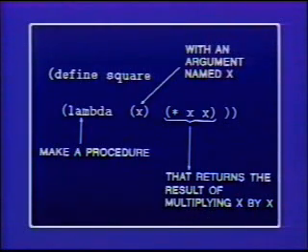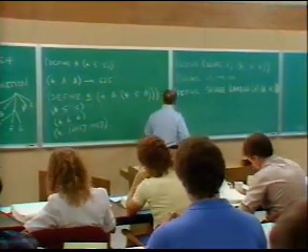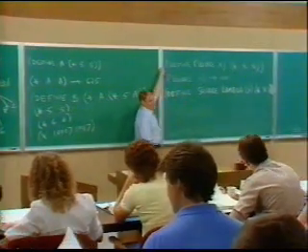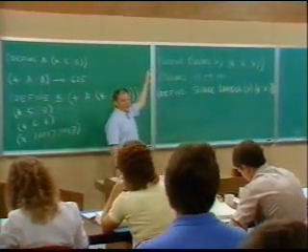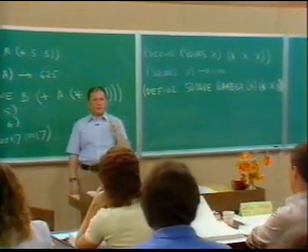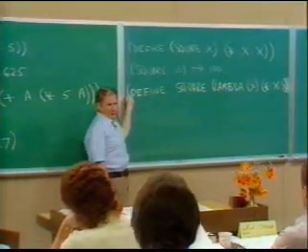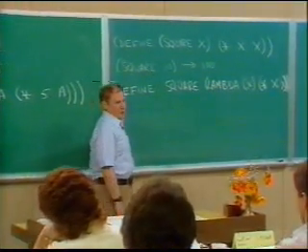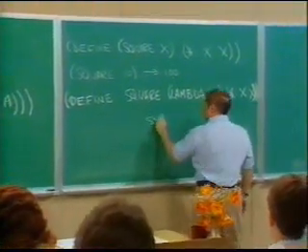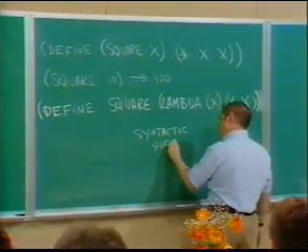Now, in general, we're going to be using this top form of defining, just because it's a little bit more convenient. But don't lose sight of the fact that it's really this. In fact, as far as the Lisp interpreter is concerned, there's no difference between typing this to it and typing this to it. And there's a word for that: syntactic sugar.